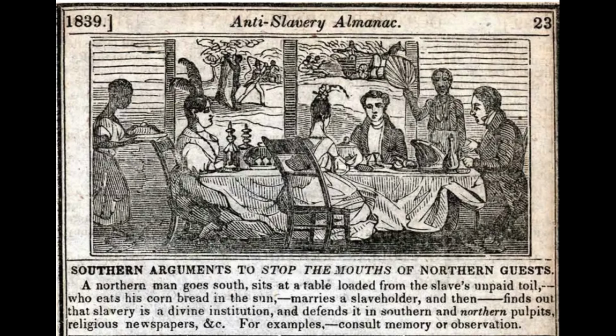But country after country, year after year, this institution was ending. But it persisted. It persisted in the South, and it persisted amidst a time of a lot of technological change that was coming along, the telegraph, the railroad.